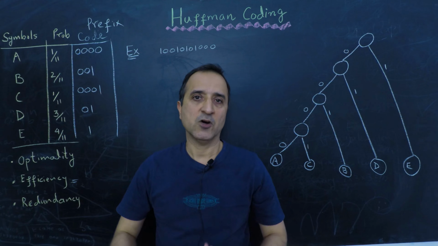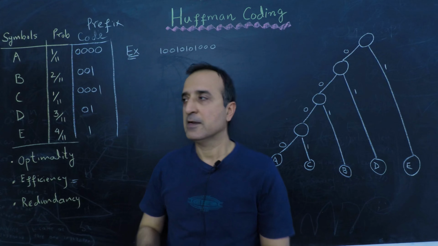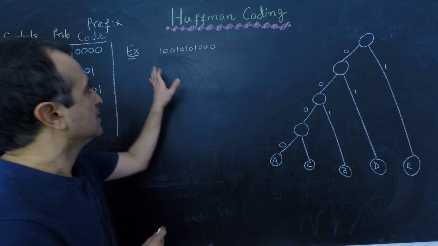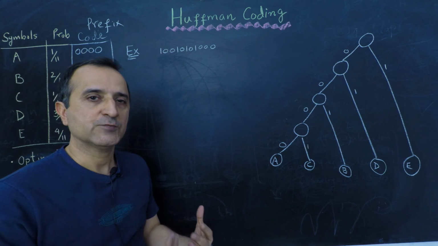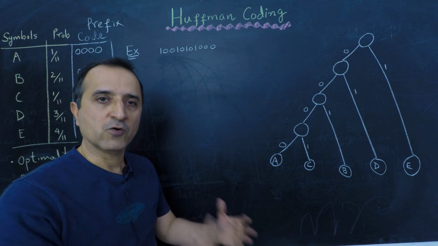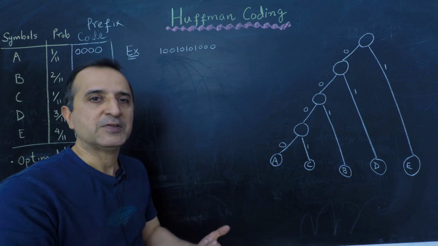The advantage of prefix coding is that when we are scanning our compressed file from left to right, as soon as we find a code word, we can immediately replace it with the symbol.